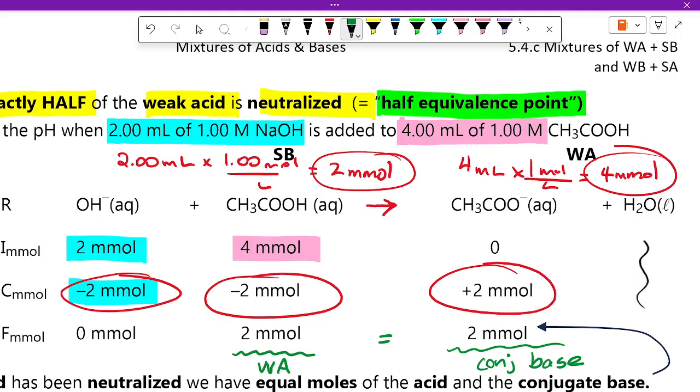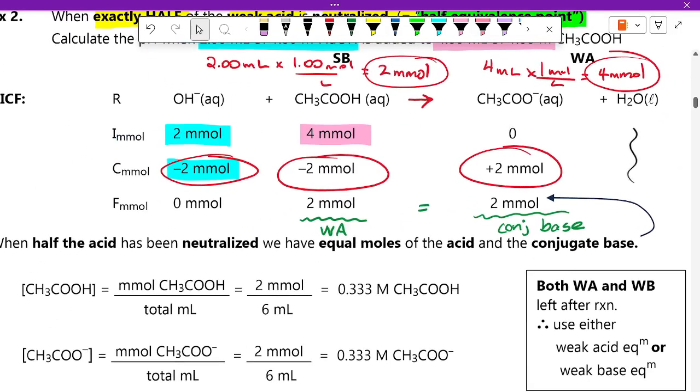And something magical happens then. Kind of a little bit like what happened when we had exactly the same amount of the acid form of the indicator and the base form of the indicator. Here we've got the acid form of the acid and the base form of the acid. So we have equal moles of the acid and the conjugate base. That means their concentrations will also be equal.